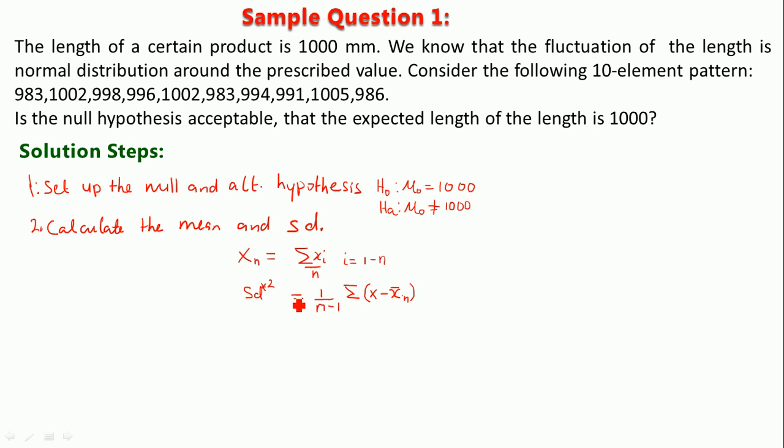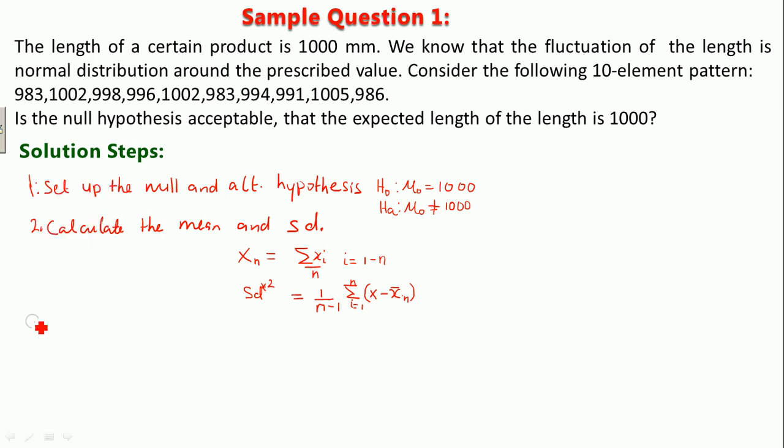So now these formulas, they are i equal to 1 to n. I'll tell you how to get around this, but just take note of this formula. And we now move to step 3.